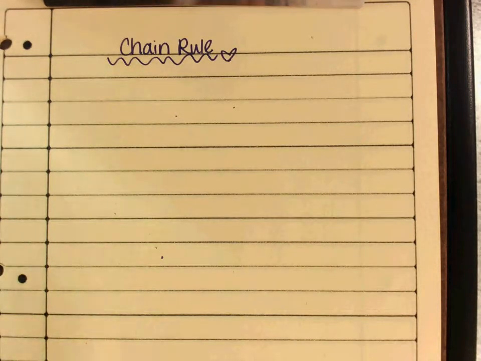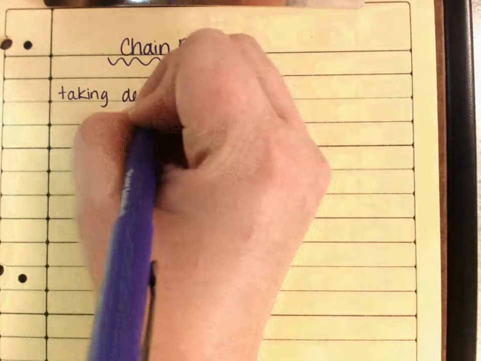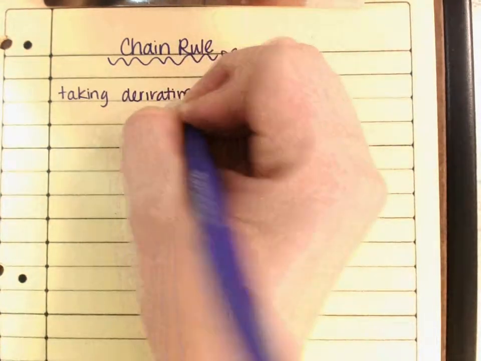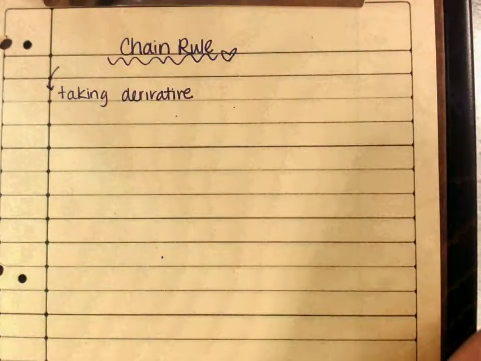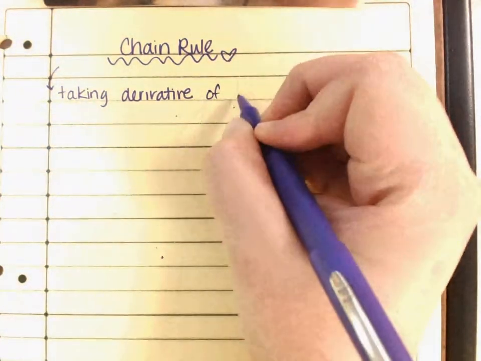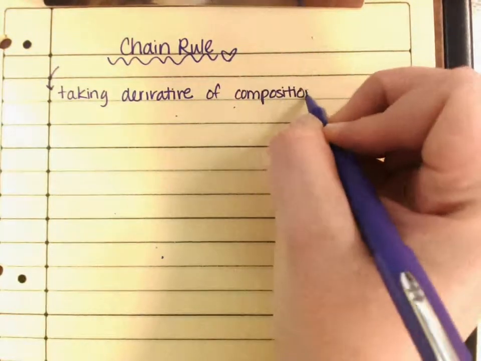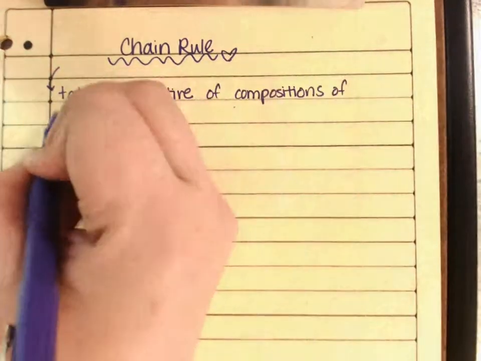Chain rule is taking the derivative of compositions of functions.